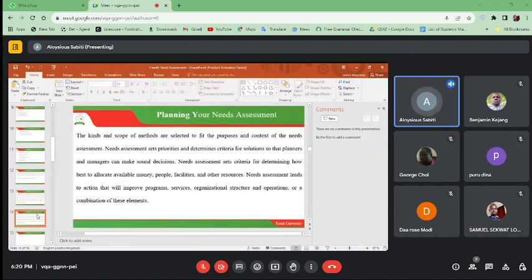Needs assessment leads to actions that will improve programs, services, organizational structure, and operations. So you may realize that needs assessment has a lot of functions or importance that it plays in trying to impact a program or a project.